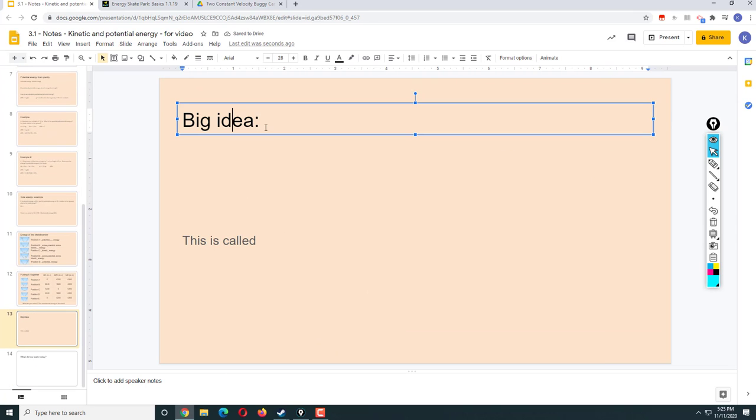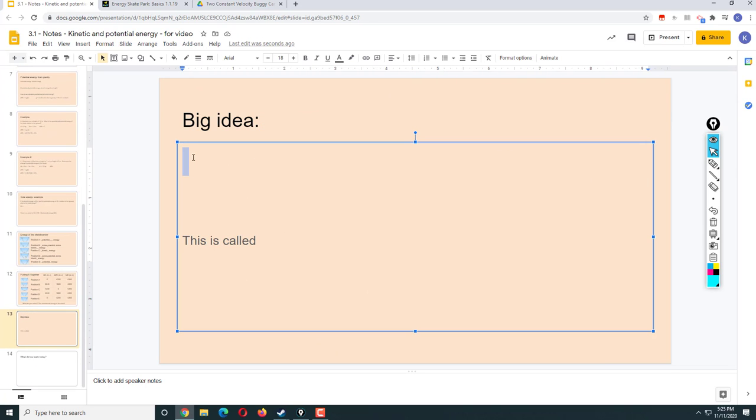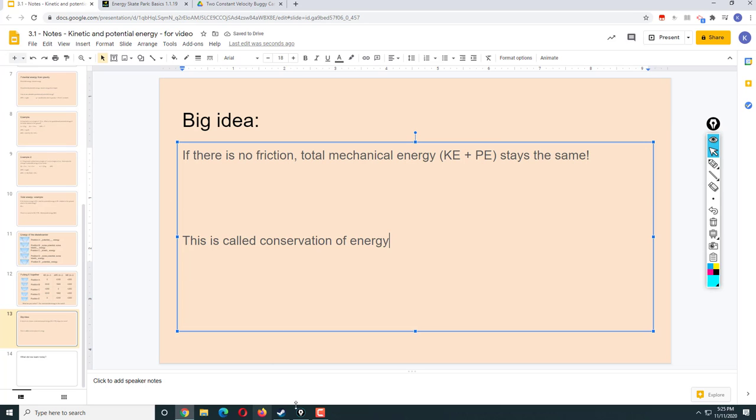The idea is that if there is no friction, total mechanical energy stays the same. This is called conservation of energy. Conservation of energy means it stays the same. Okay? That's it.